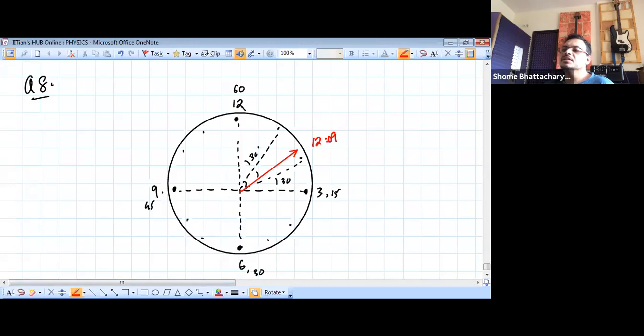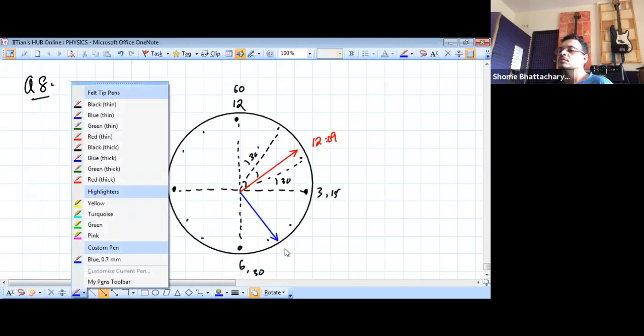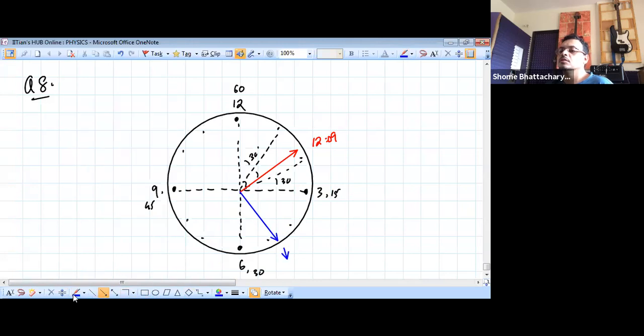So 15 minutes later, where will be the minute hand? 15 minutes later, the minute hand would have moved here. This is where it will be at 12 hours and 24 minutes. So it would have rotated through how much?